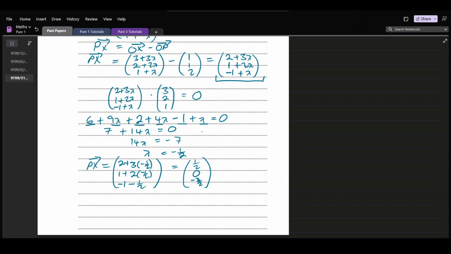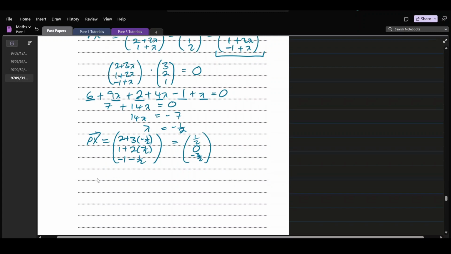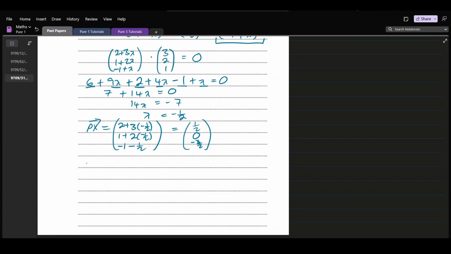Now what we want is the length of this direction vector. So the modulus of PX is equal to the square root of (1 over 2) squared plus 0 squared plus (negative 3 over 2) squared.